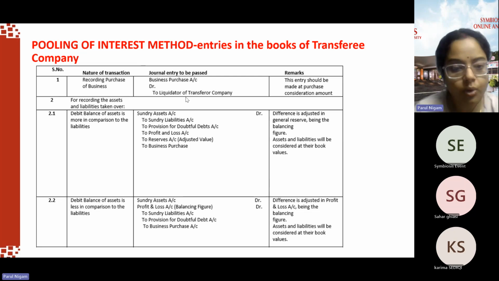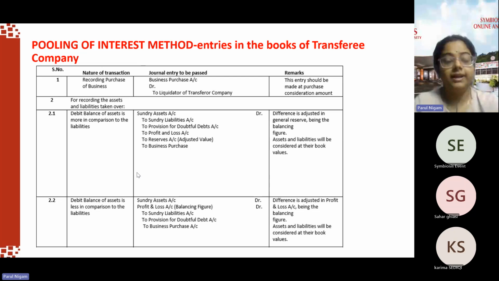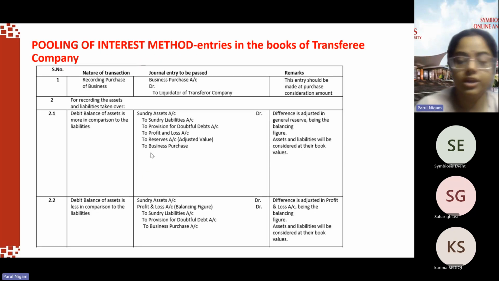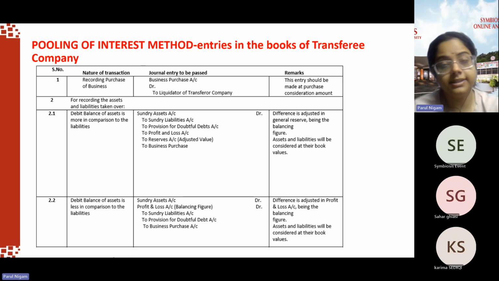Now on the contrary, if the sundry assets which you have taken are less and liabilities are more, then in that case assets debit, liabilities credit, provision for doubtful debt, to business purchase, and eventually your balancing figure will come on the debit side because your debit side is the short side.